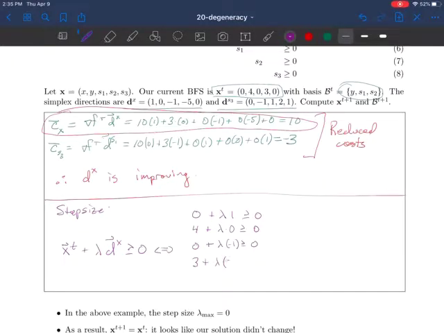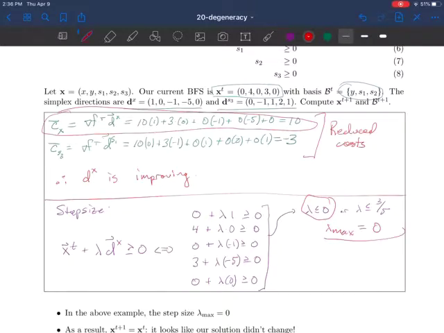And then we'll have 3 plus lambda times negative 5 has to be greater or equal to 0. And finally, we'll have 0 plus lambda times 0 is greater or equal to 0. And of course, this leads us to conclude that lambda has to be less than or equal to 0, or lambda is less than or equal to 3/5. So of course the winner, so to speak, is that fellow, and lambda max equals 0.